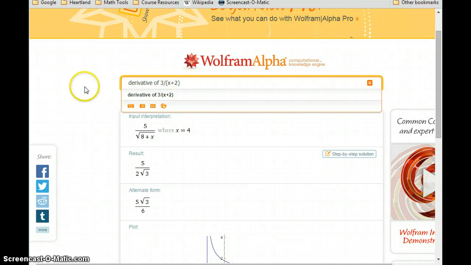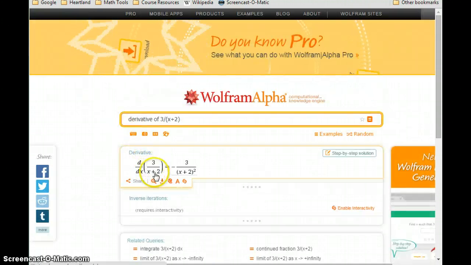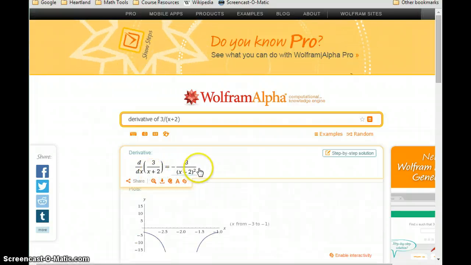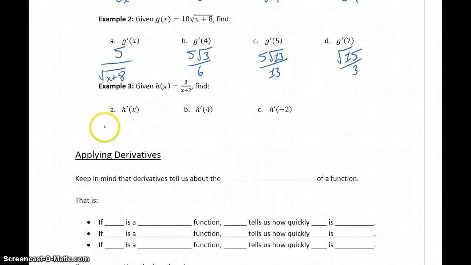So we just want to make sure we get those parentheses around the denominator, and then verify that our function looks correct here. So we get a derivative of negative 3 over x plus 2 squared. So h prime of x will be negative 3 over the quantity x plus 2 squared.